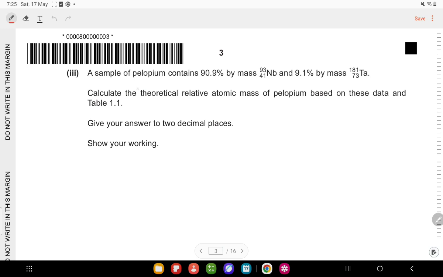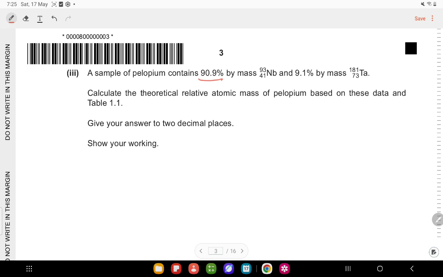A sample of pyloprium contains 90.9% by mass of Nb and 9.1% by mass of Ta. Calculate the theoretical relative atomic mass of pyloprium based on these data in Table 1.1.